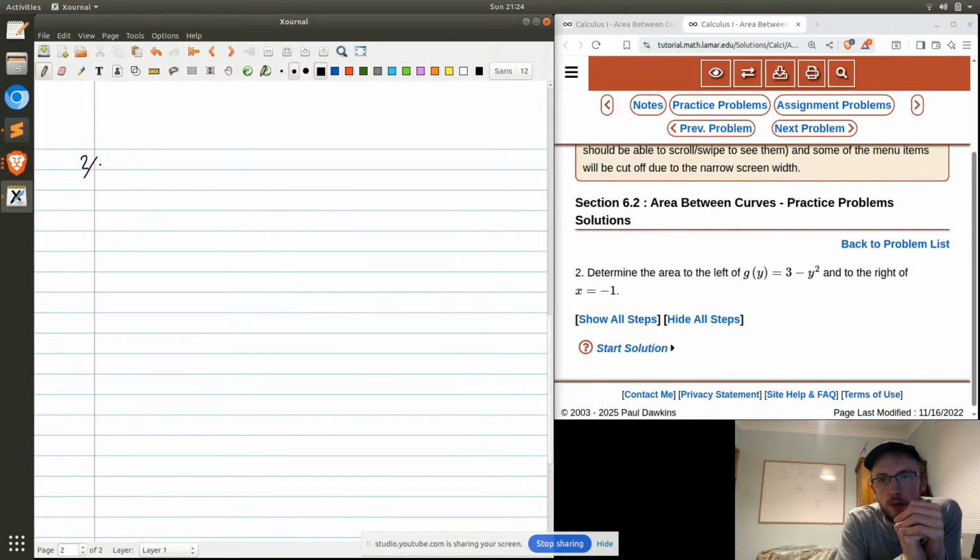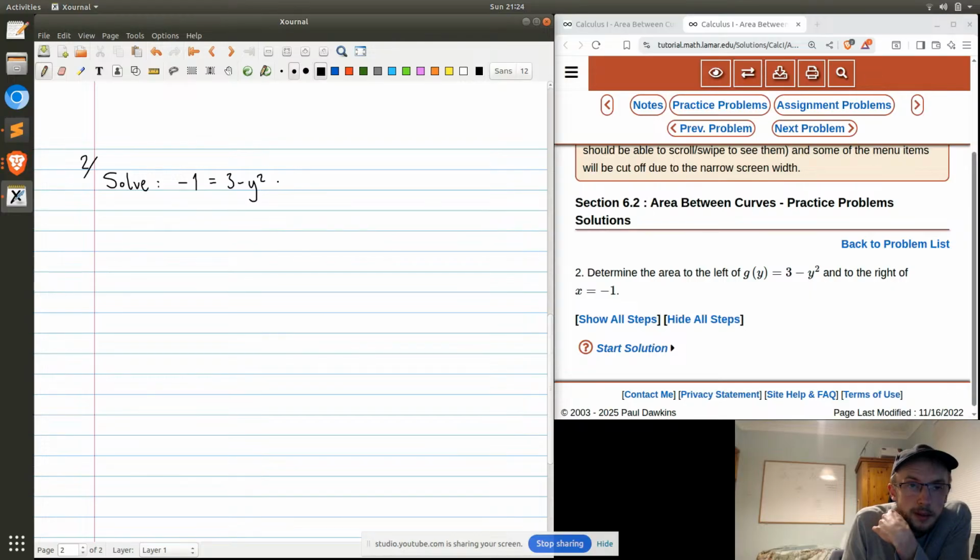Okay. Determine the area to the left of g of y equals 3 minus y squared and to the right of x equals -1. Okay, so, right?